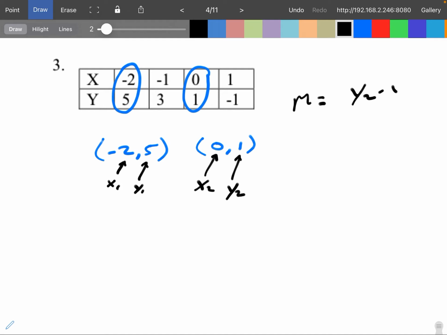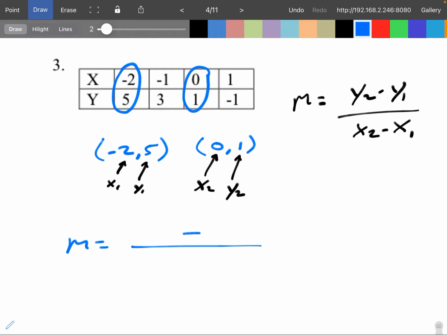Now, some people like to label all this stuff. They'll say, that's x1, that's y1, this is x2, that's y2. So if you like doing that, you can, because then they'll use the formula y2 minus y1 over x2 minus x1.